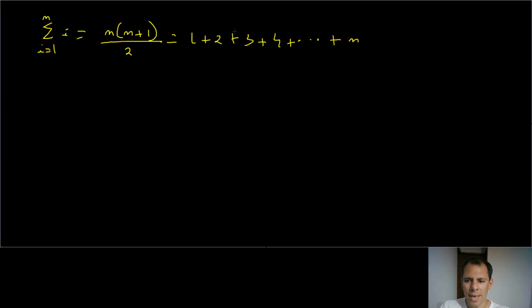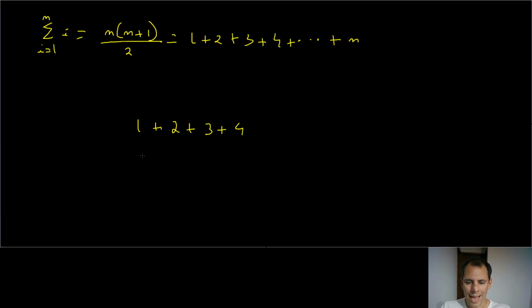So, make the sequence again, but in an inverted manner. I did all the way to n, but I'm just going to do all the way to 4. So you have 1 plus 2 plus 3 plus 4.